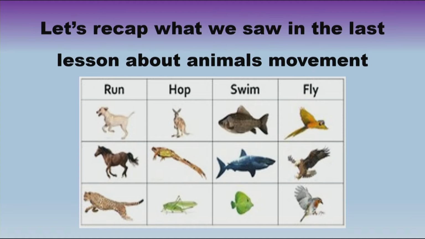Let's recap what we saw in the last lesson about animals. We saw that some animals run, like the dog, the horse, or the cheetah. We can also say that the horse gallops. Hop, the kangaroo, the frog, the grasshopper. We also saw that some animals swim, like the fish, the shark.